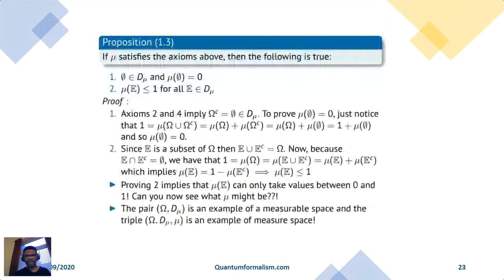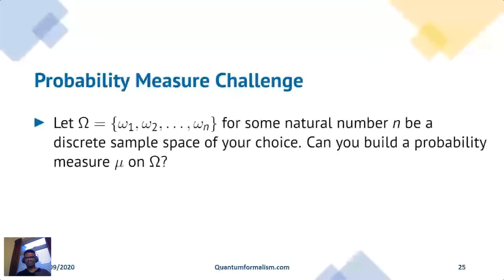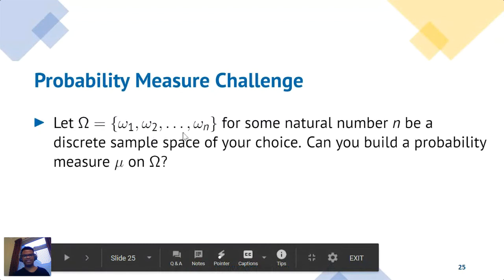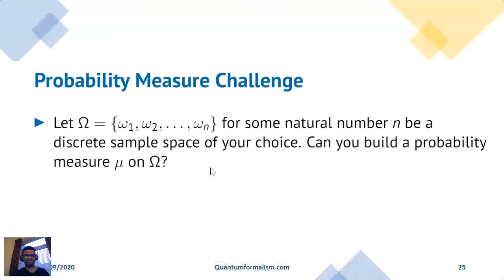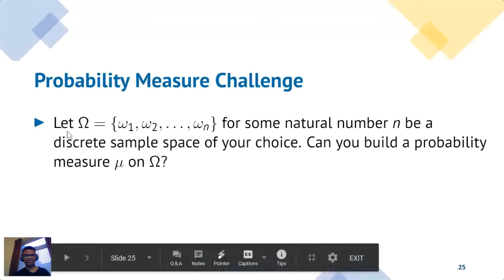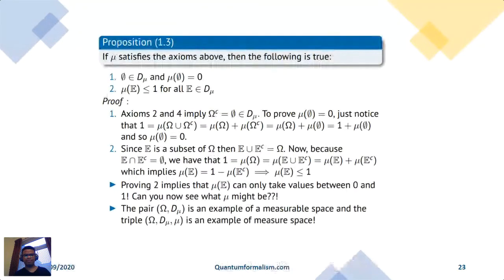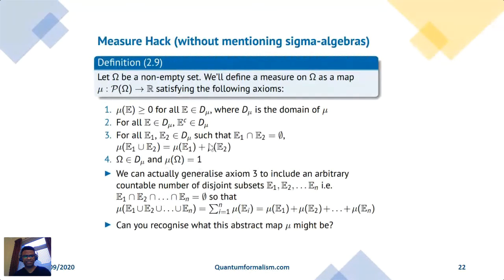And as a homework, this is a challenge. It's optional, but I guess it will be very helpful to you to try to build a measure map, assuming that omega is a discrete set. For example, imagine a scenario of a rolling die. The challenge for you is to build a mu. Just remember, all you have to do is come up with the mu that satisfies this.